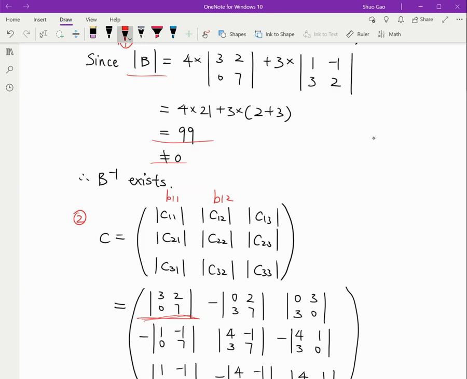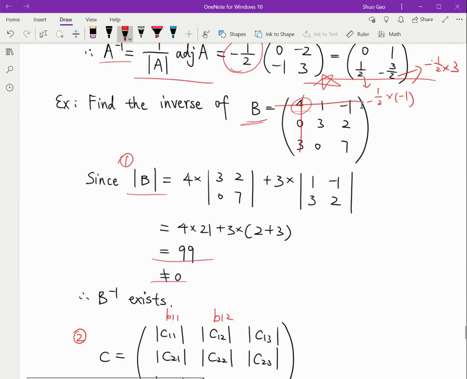So the first cofactor, the B11 cofactor, is just this little determinant here. Right. So for B12, it's the number 1 here. To find the cofactor of this element, we need to delete the first row and second column.